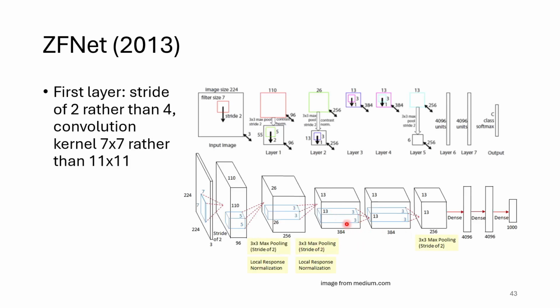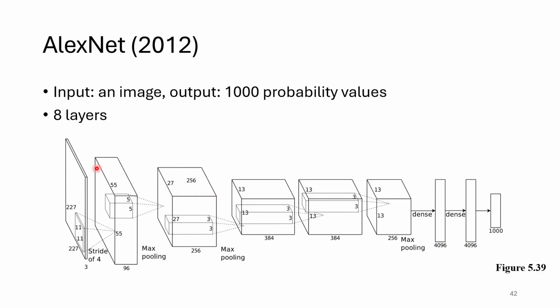So what's the only difference? The only difference here, for the first input layer, they use a 7x7 kernel, and in AlexNet they use an 11x11 pixel kernel. So this is a smaller kernel.